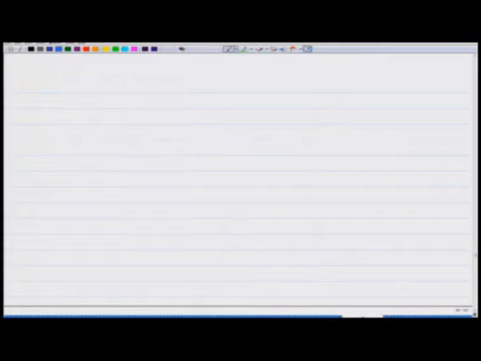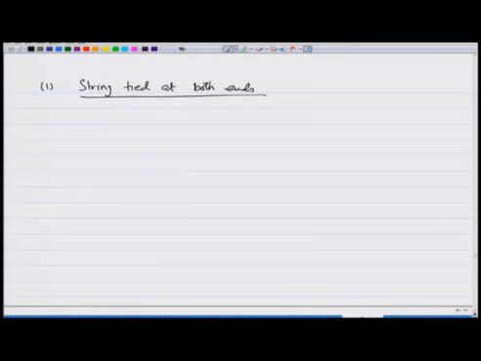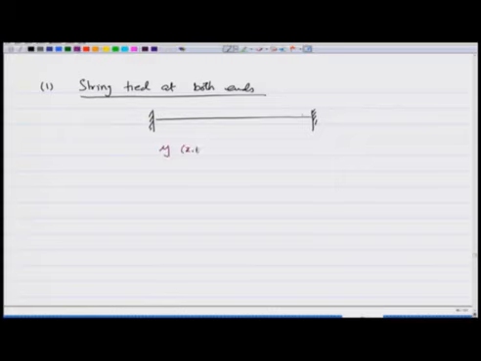So, mathematically I will take first the case of a string tied at both ends. In this case, as I said earlier, the displacement y(x, t) is going to be given by a sin kx cosine of omega t.